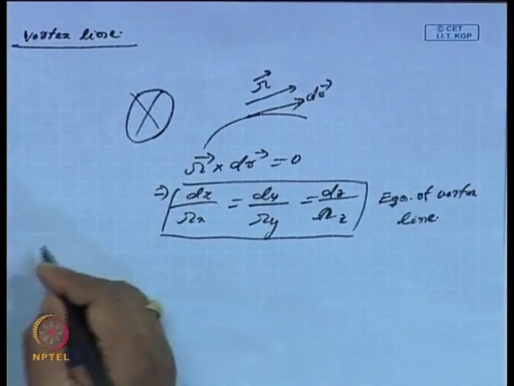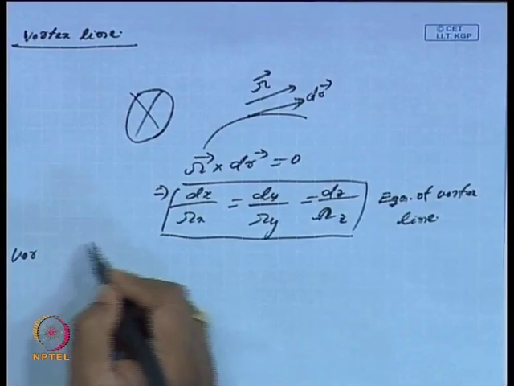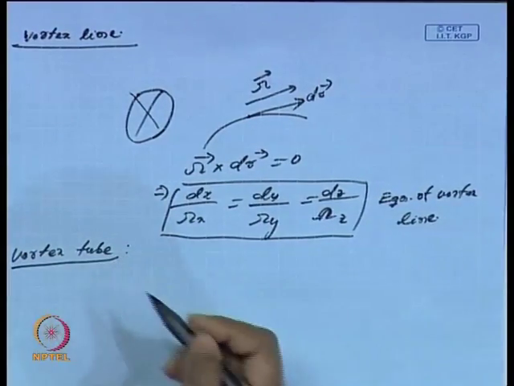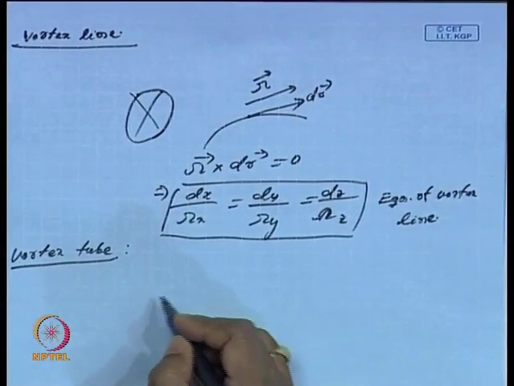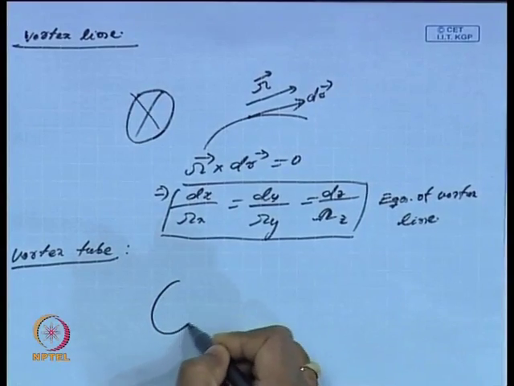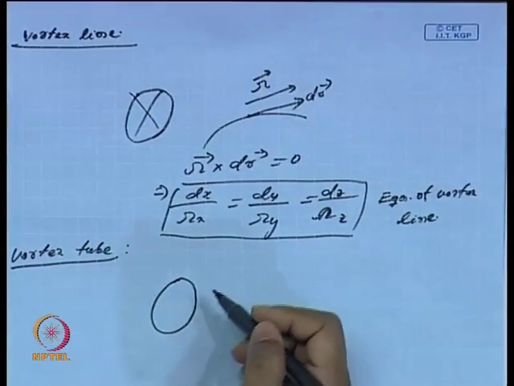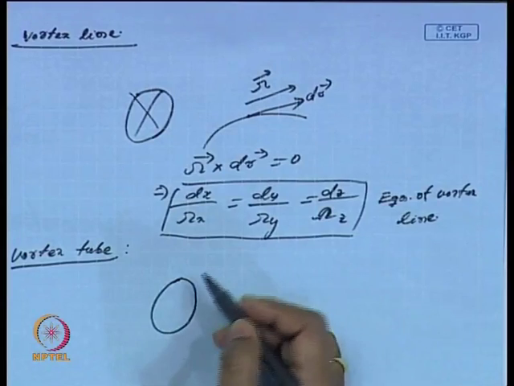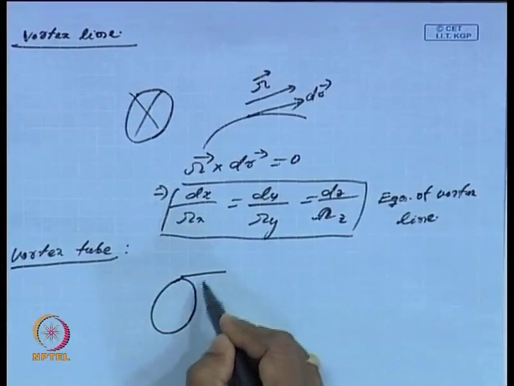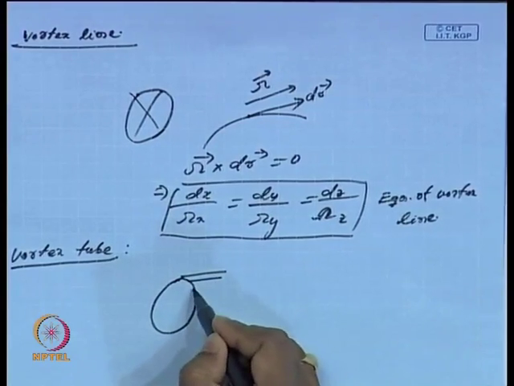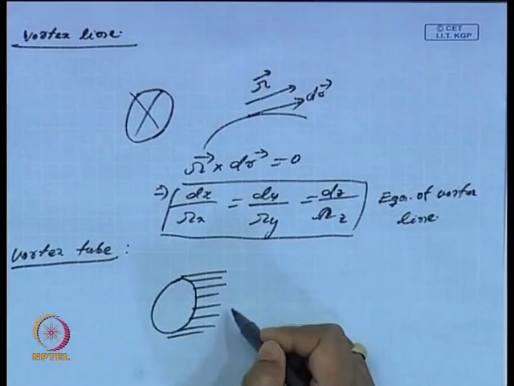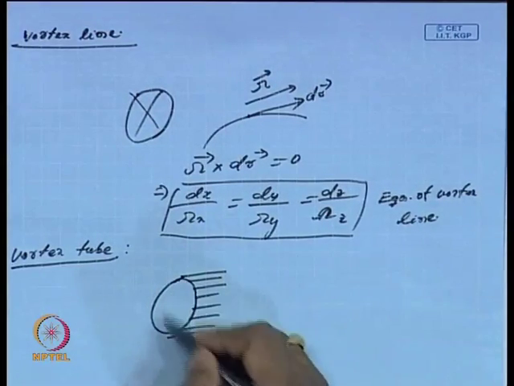Then I will talk about a vortex tube. Suppose I consider any closed contour in the fluid, and we draw the vortex lines at each point of this closed curve.